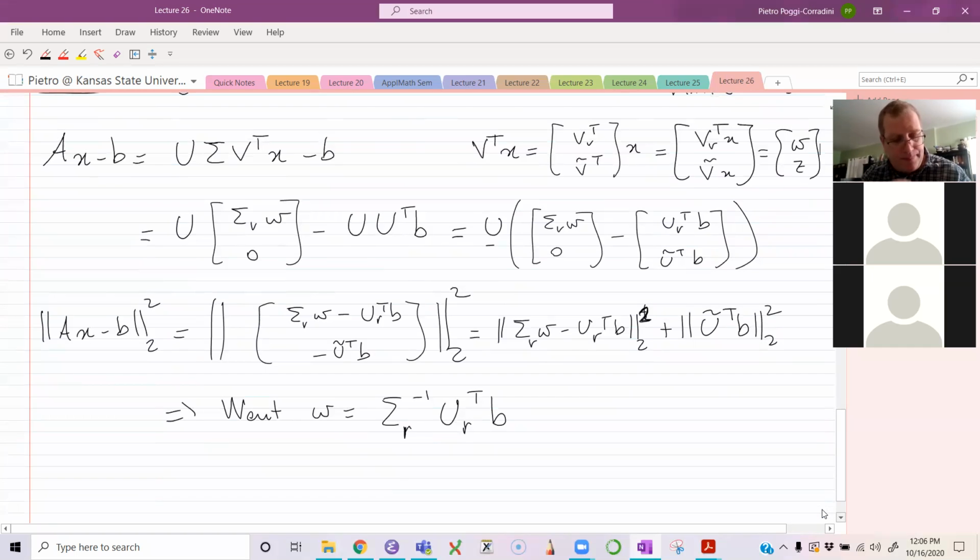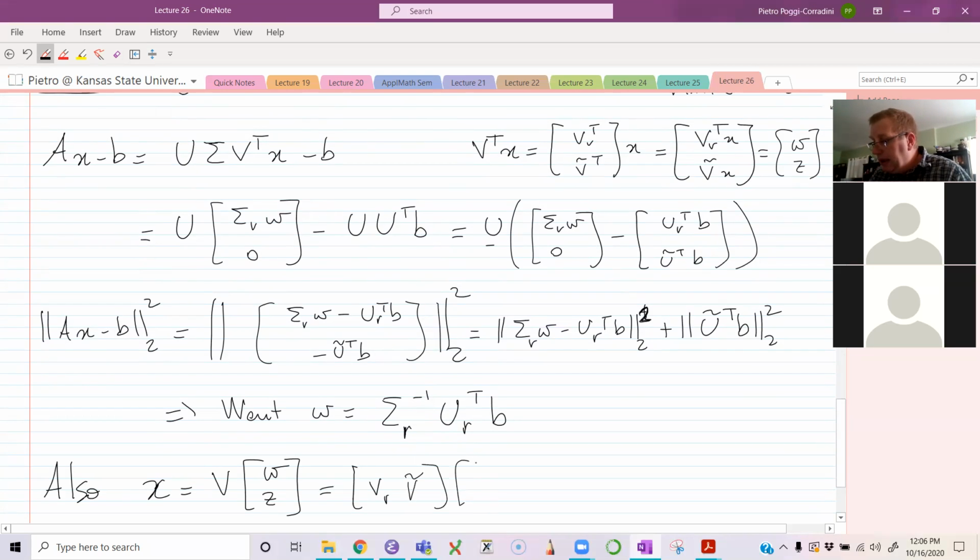All right, but now let's think of x. x is going to be V times W and Z. So it's V_R, V tilde. This is just an inner product in the block calculus.